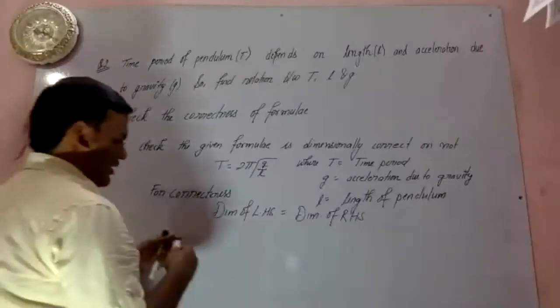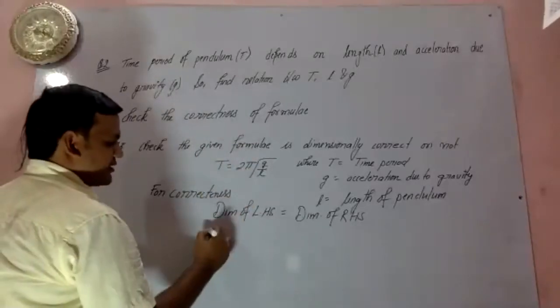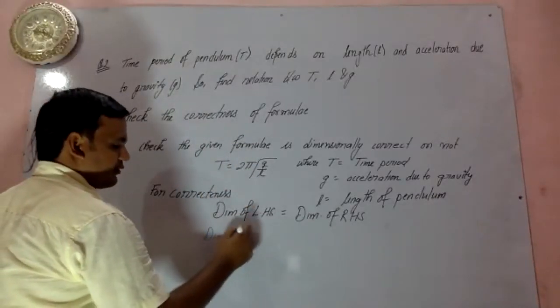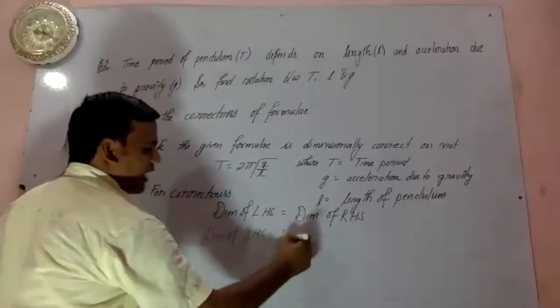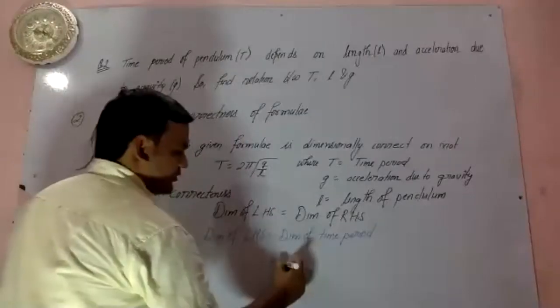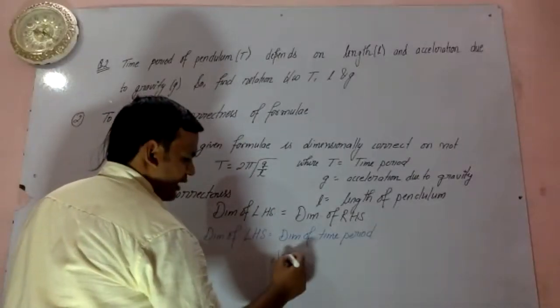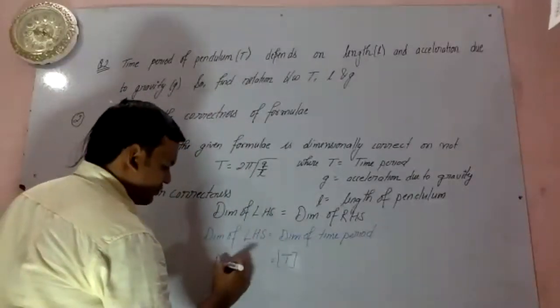So starting from here, the dimension of LHS is that of time period. Time period is your T. So you can write the dimension of LHS is this one.